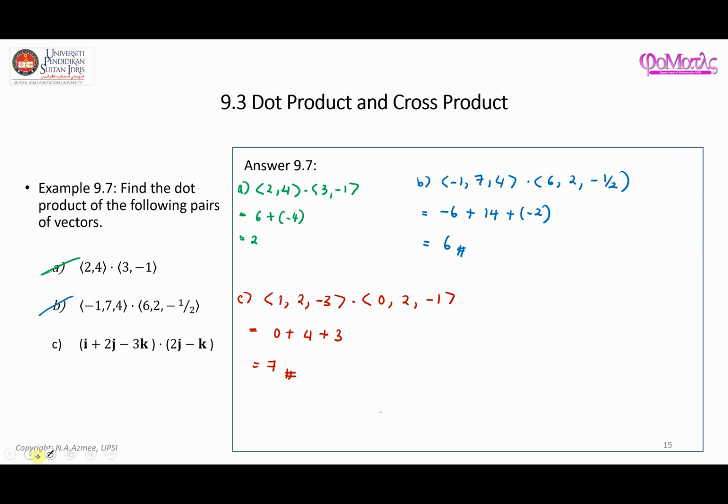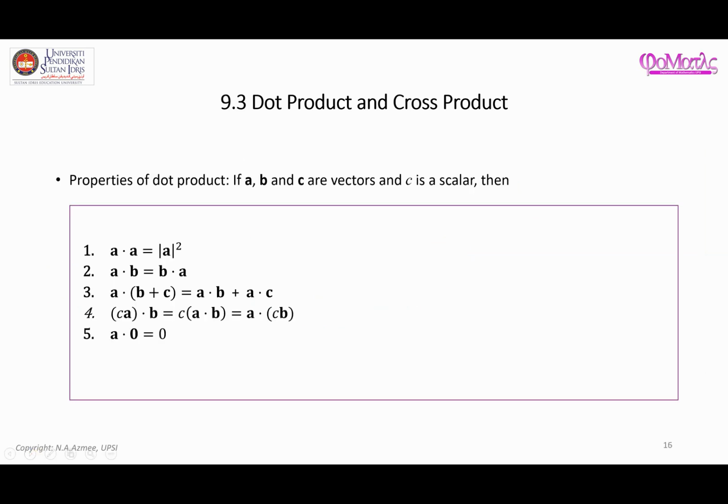Next, let's look at some properties of the dot product. If a, b and c are vectors and c is a scalar, then the first property is that the dot product of a vector with itself is the magnitude of a squared.